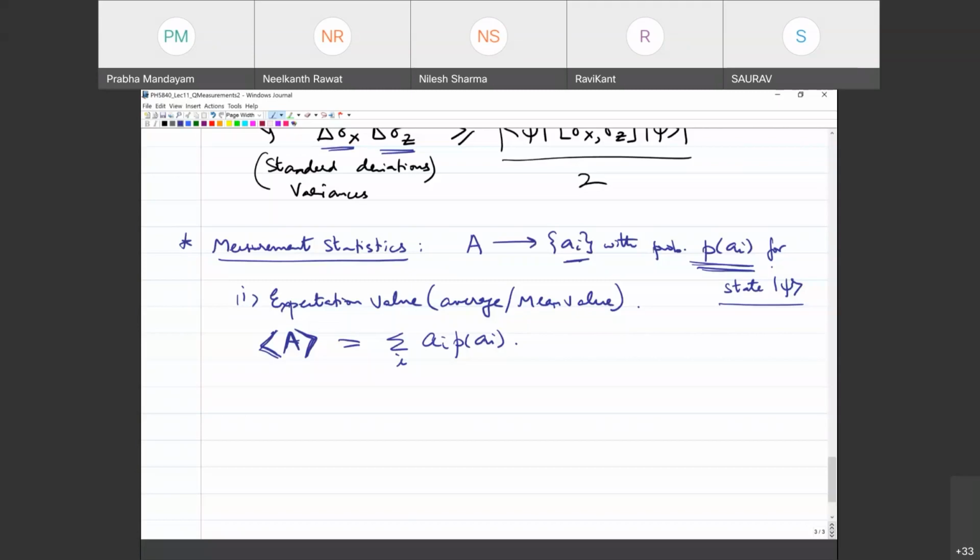This is a purely probability theory statement. How do I get this from the state? The way to get this from the state is to note that this probability is actually the modulus of the inner product of psi and a_i, mod squared.